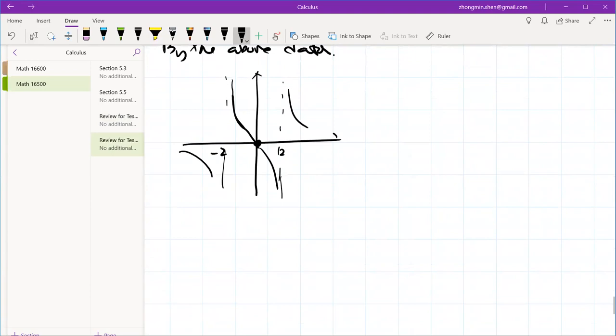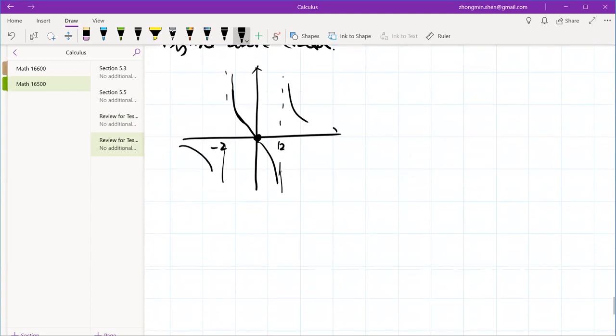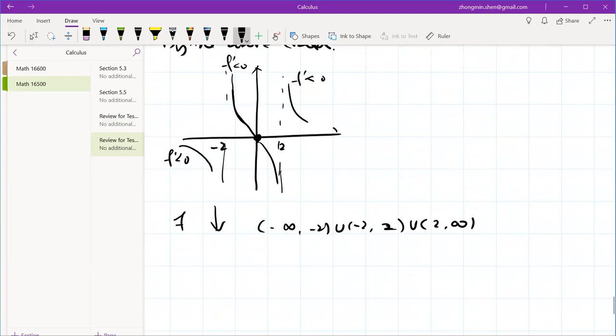So before we do a computation, I don't think that we need it. Okay. First of all, this derivative is negative. Here the derivative is negative, and here the derivative is negative. Right, it's decreasing. So I want to say that f is decreasing on the whole line.